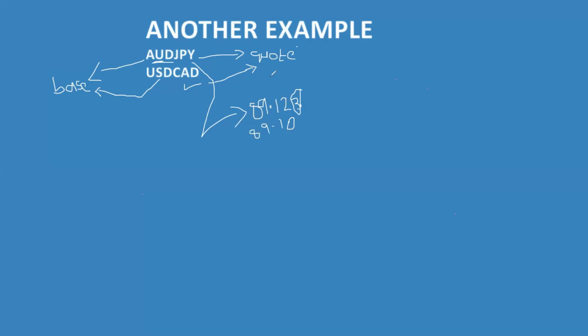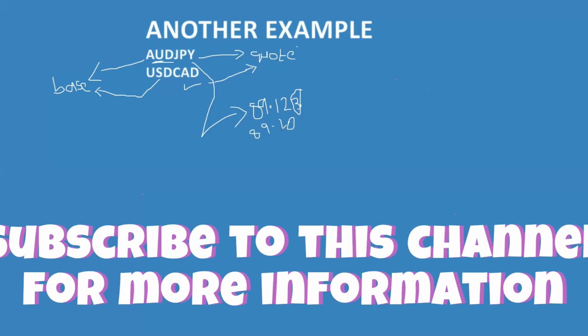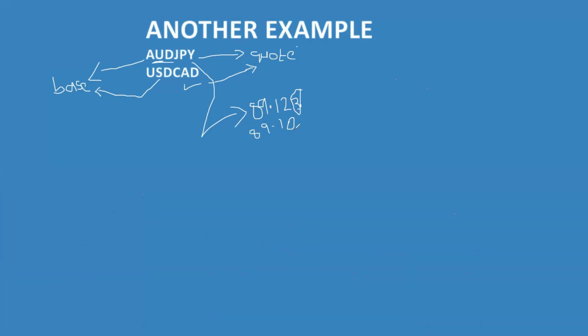For other pairs, it's 4 decimal places. Only JPY pairs are quoted to 2 decimal places. So this market moves from 89.12 to 89.10. How many pips has it moved? The simple answer is 2 minus 0, which is equal to 2. And that's your pips. That's how to calculate your pips.